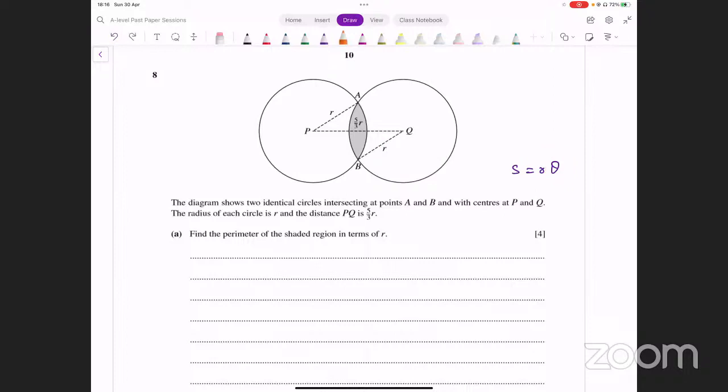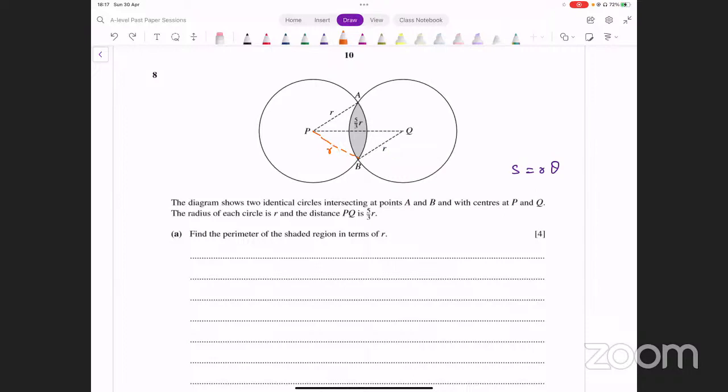Now, what we can do for that is we can make some triangle here. If we make a triangle like this, for instance, we have PBQ triangle, right? अब इस triangle में आपको पता है ये length भी आ रहा है और ये length भी आ रहा है, because both radii are equal.